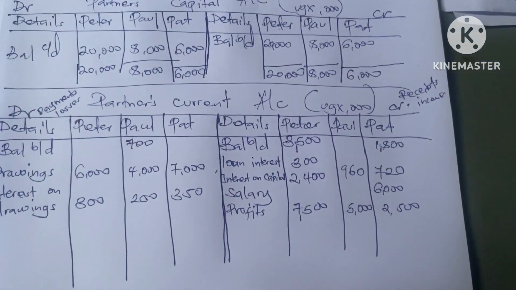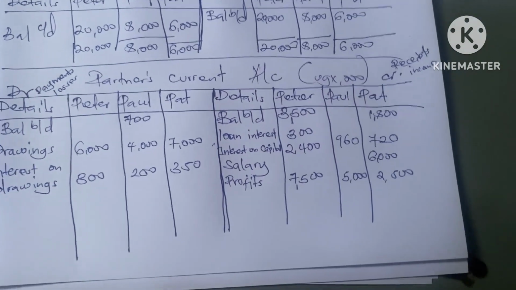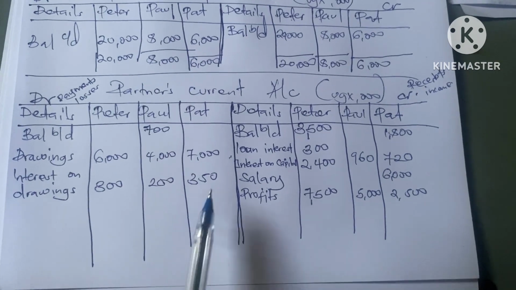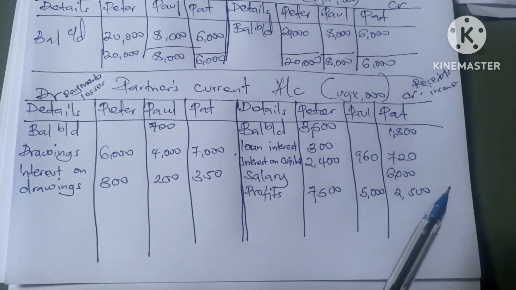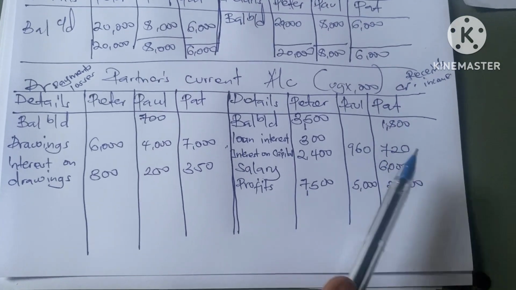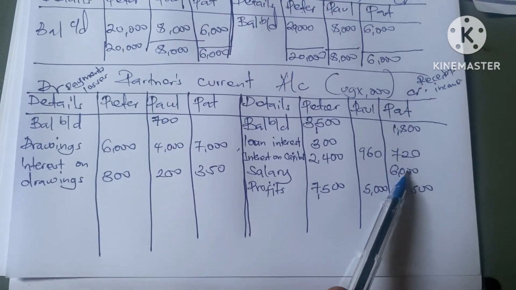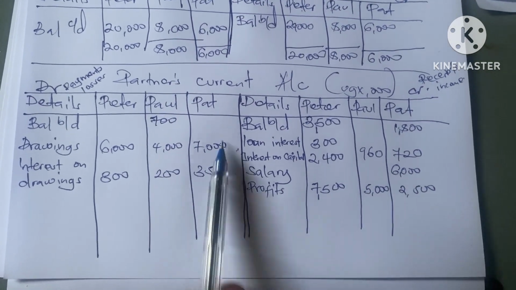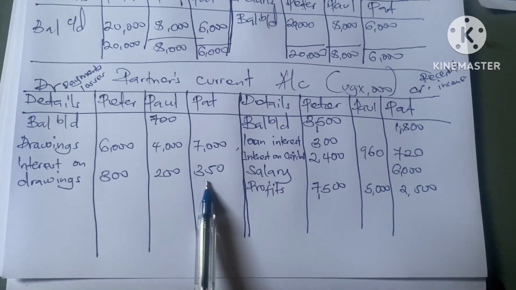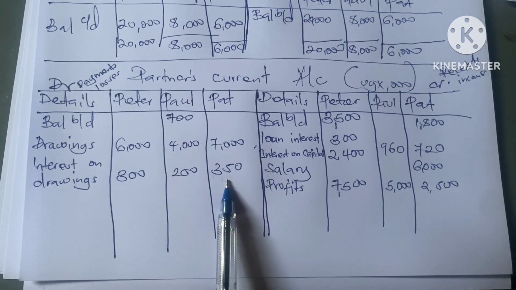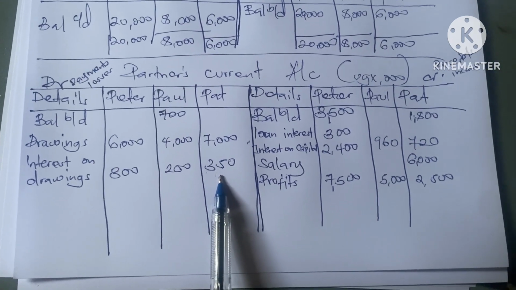Then the next thing will be to balance, to see which side is greater. You compare Patty's column and here Patty's column, you see which side is greater. So this side is greater than this side. When you compare this plus this, it's 7,350.